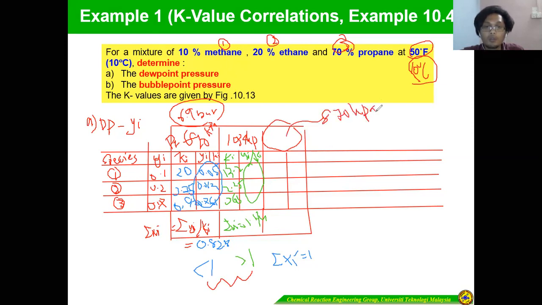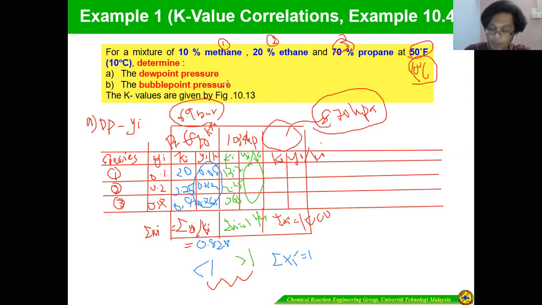But you have to confirm, find the value of yi divided by Ki, total, and make sure that xi equal to 1. If below or higher than 1, you have to do more interpolation or do the trial and error, and you can get the value. So finally, this is the actual answer for the dew point pressure.